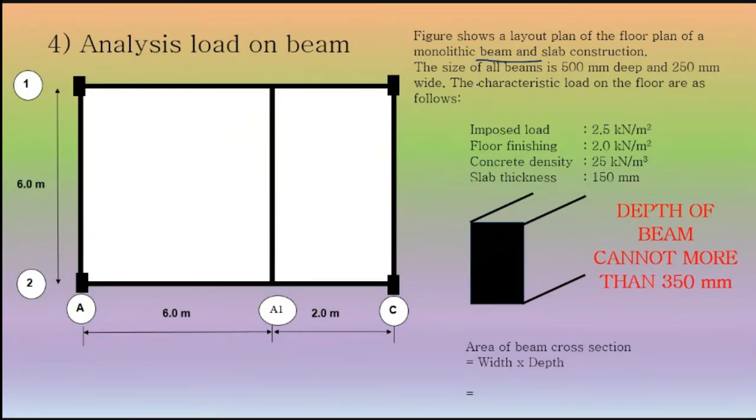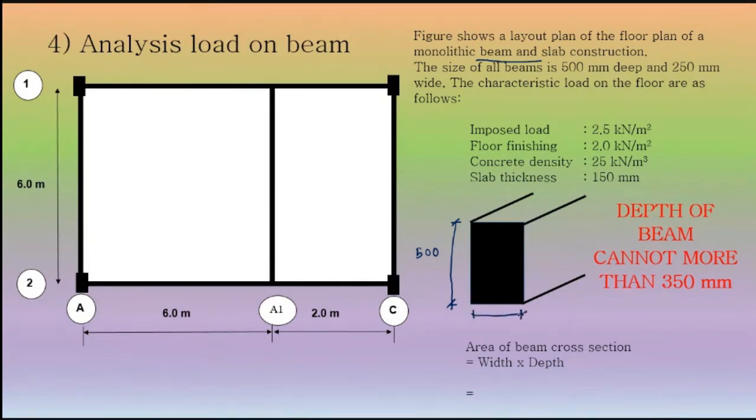Okay nah, ingat nah. So size of all beam is 500mm deep. Maksud dia, depth dia, tinggi dia 500. Okay, ni saya buat cross section ni nak bagi you all nampak. Ini cross section of beam. Depth dia 500, 250mm wide.